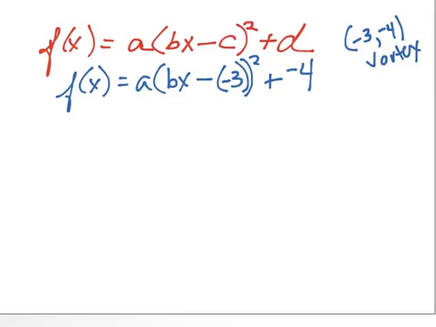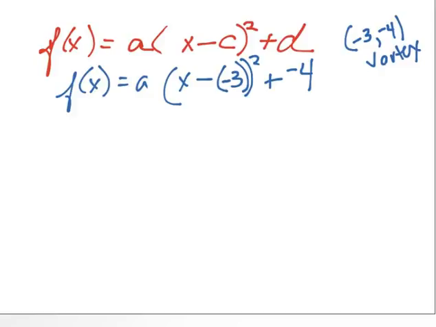That's what it means, is the vertex form. So in our work this week, we are not going to worry about B because we're going to take it a little easy on ourselves. And so all we're going to do is use C and D and A.